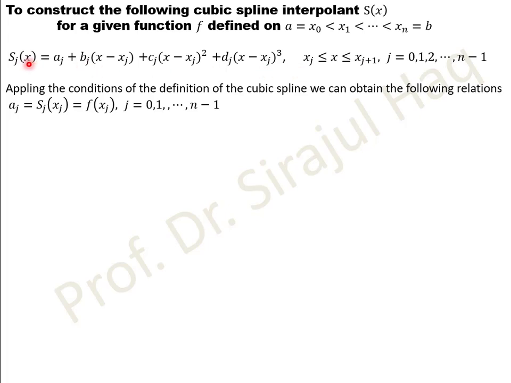That means when I replace x by xj in this spline, the final value will be equal to f of xj, and that is the condition which we have written here. If you remember, this was the first condition in the definition of the cubic splines.